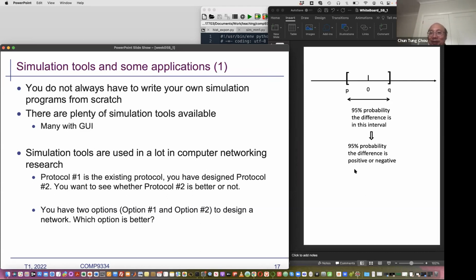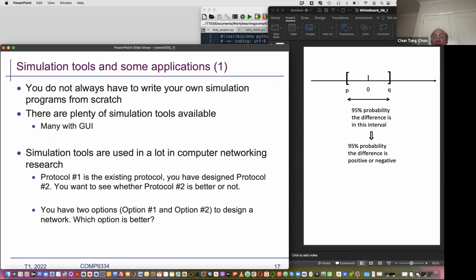Great, thank you. That's where I was. Say what you can use simulation for. You have an existing protocol number 1, and you have designed a new protocol number 2. You want to see whether protocol 2 is better.